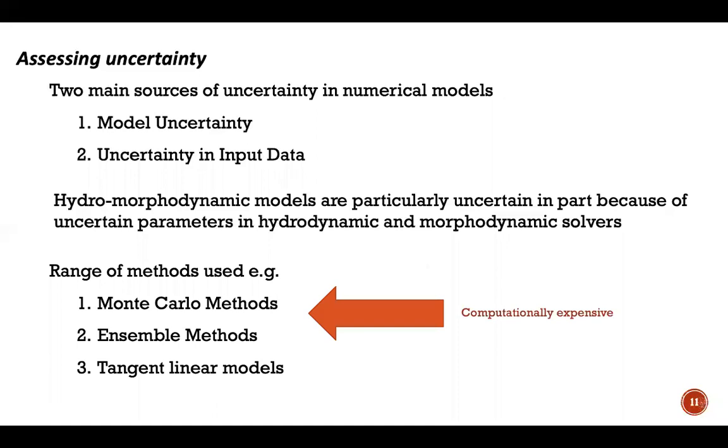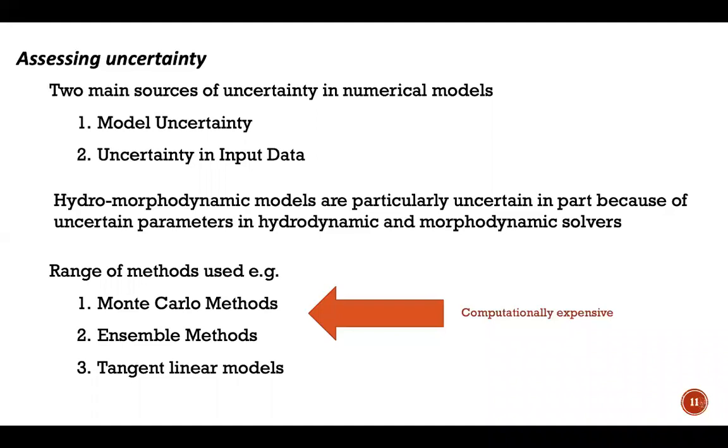To give you an example, hydro-morphodynamic models themselves are expensive because you're modeling over a long period of time. You don't want to know for one day, you want to know for 20, 30, 40 years. And you're modeling over a huge region that you want to know in very precise detail.